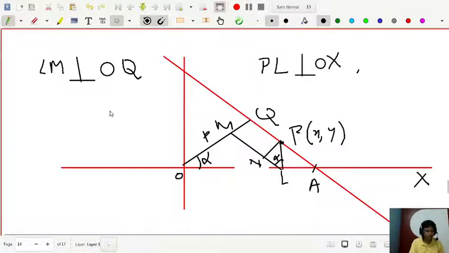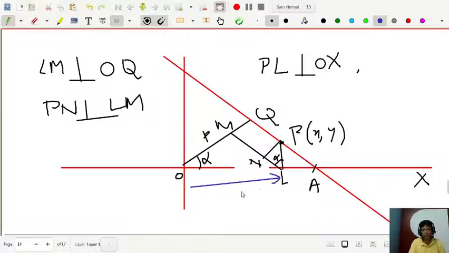And PN is perpendicular to LM. So these are the perpendiculars, and OL is x, this distance is x. This is your x and this is your y.